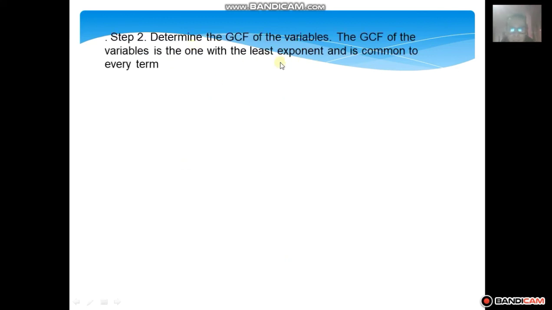Next step, we will also determine the GCF of the variables by doing the same. These are the variables of the given expression: x, y, and z. For variable x, we do not have x in the third term, so x is not common. Then y also is not common. Then z also is not common to all the terms.